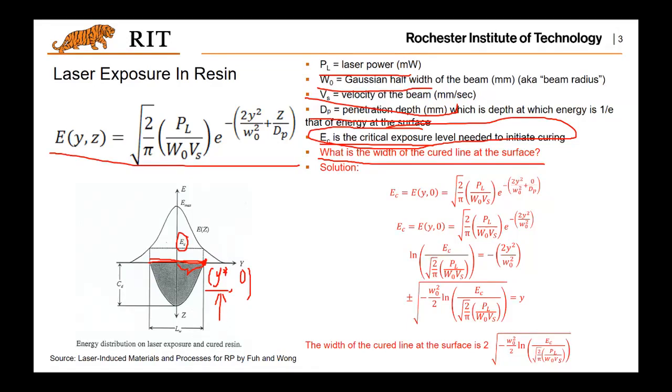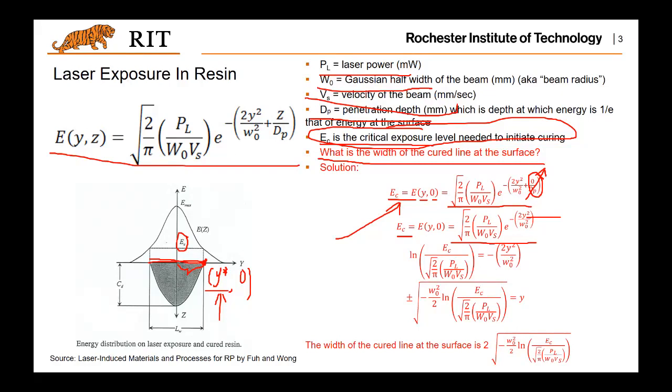So we can easily substitute EC and substitute y star and 0 into this equation. And it turns out you will have this term removed because it's 0. You have EC known, and the only unknown here is this y, and that is what you want to compute.